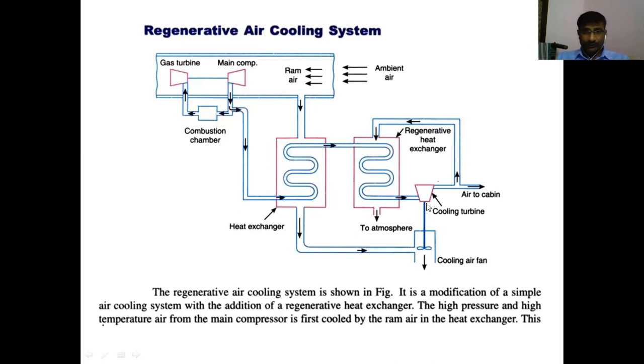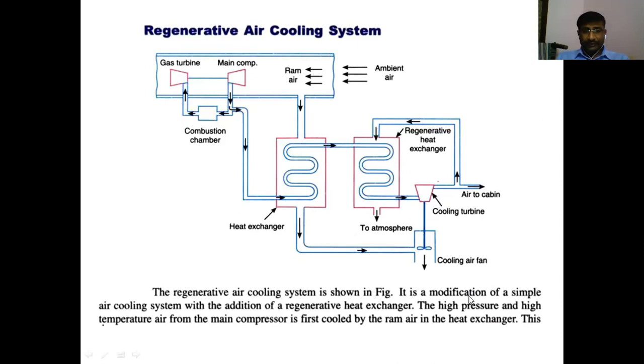The work produced by the cooling turbine is utilized to run this cooling air fan. Clear? This is what regeneration means. Here, the air is again utilized in this regenerative heat exchanger. Some amount of air is recycled, so the regeneration process takes place. Again, we are utilizing the air after expansion. Clear?